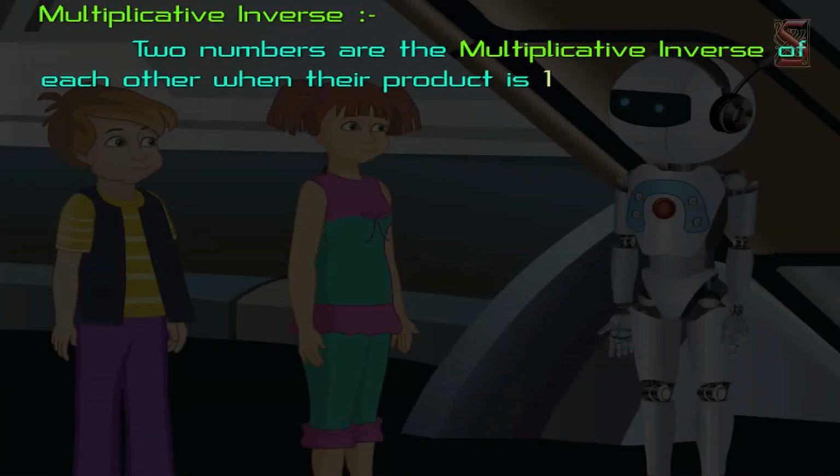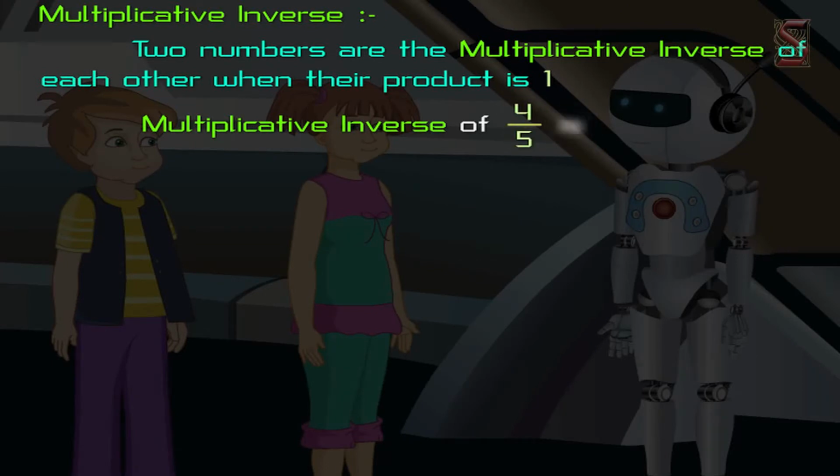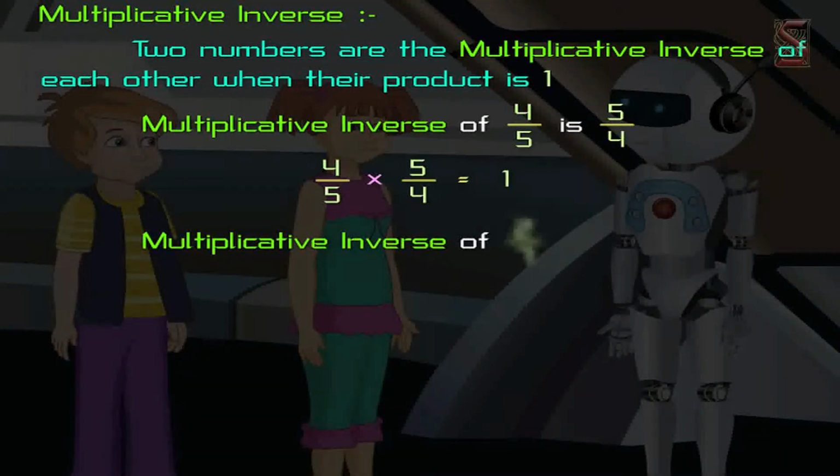For example, multiplicative inverse of 4 by 5 is 5 by 4, as the product of 4 by 5 and 5 by 4 is 1. Similarly, the multiplicative inverse of 2 by 7 is 7 by 2, as the product is 1.